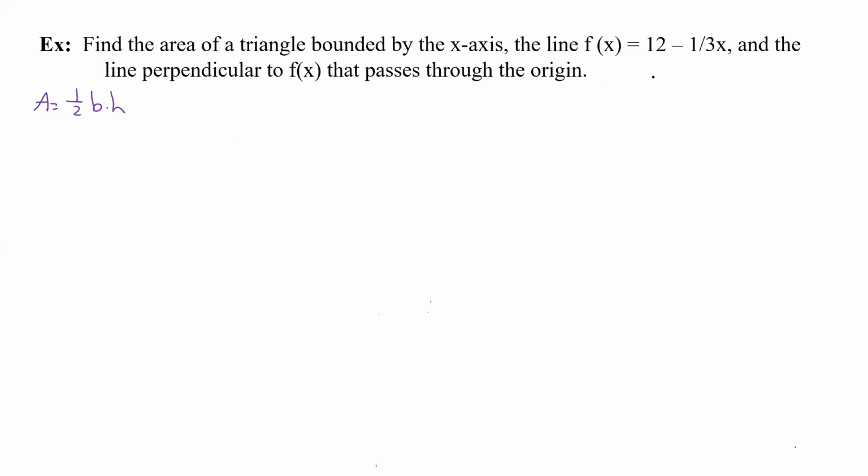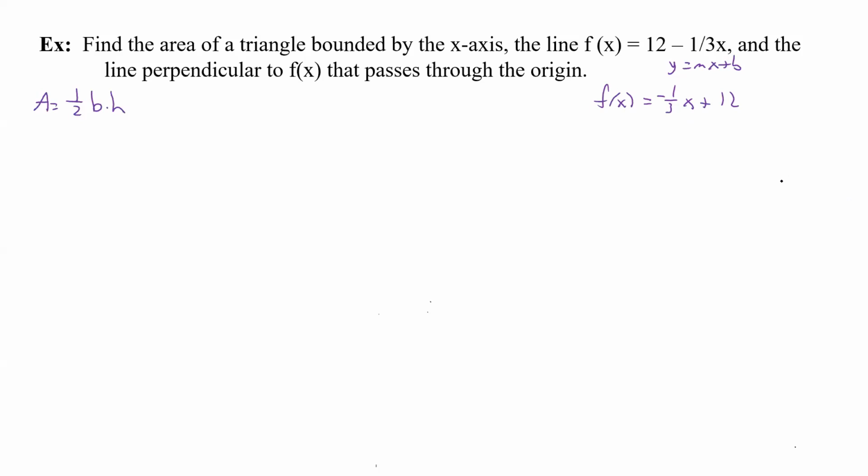Well, let's first rewrite this as f of x equals negative 1/3 x plus 12. So now that looks like more of the familiar y equals mx plus b. So we know our intercept's at 12, so it'll be (0, 12). And then we're going to go down 1, right 3, down 1, right 3 until we get all the way down to the bottom. Well, what is our intercept going to be when we hit that x-axis?